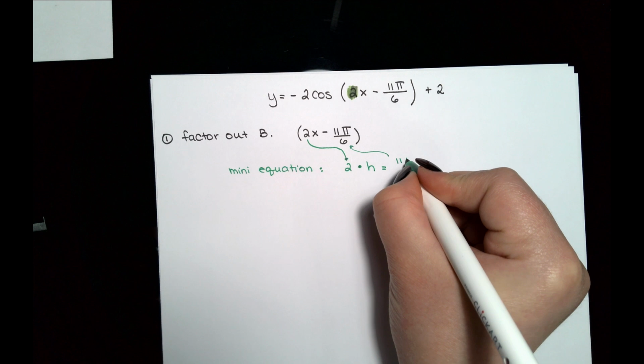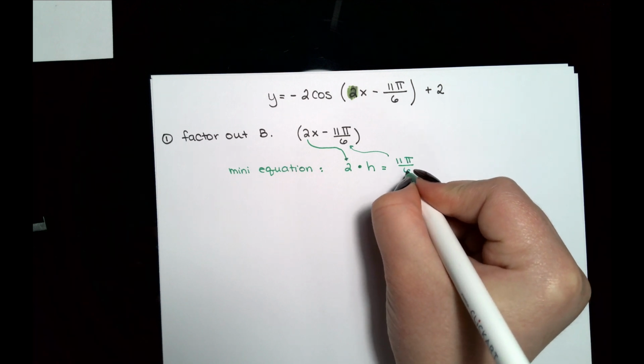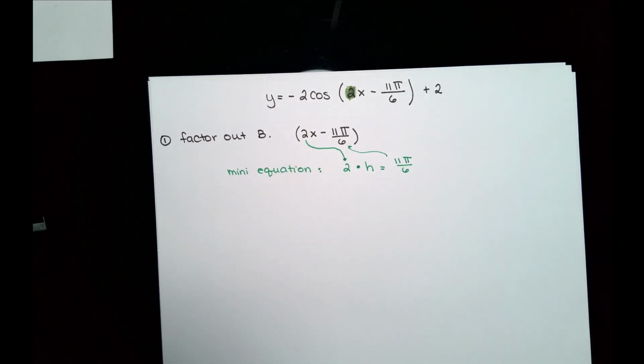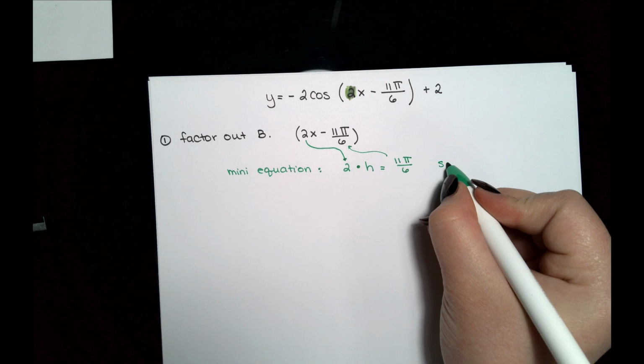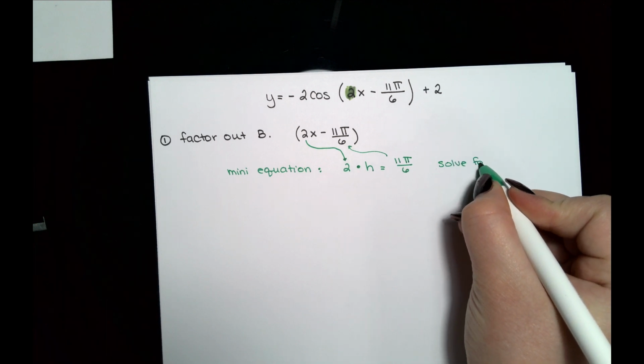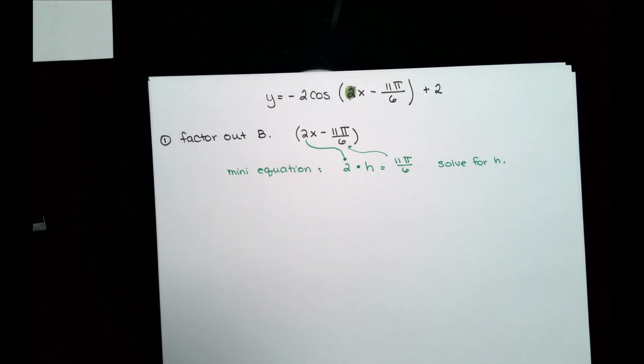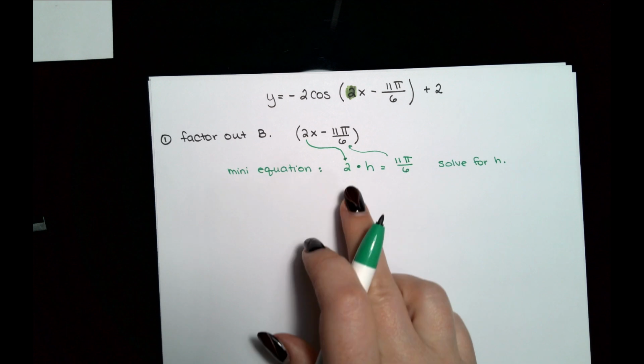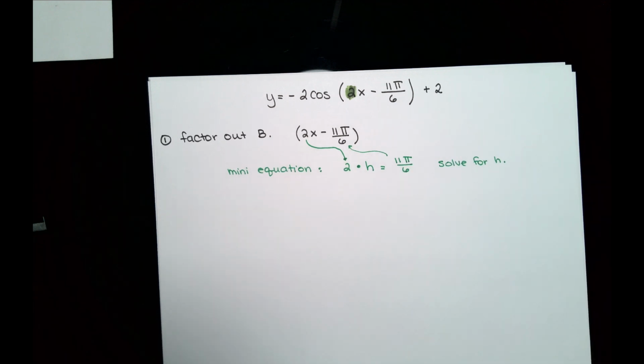And then you continue to solve for h. But unless you know to multiply by the reciprocal here to solve, or use a calculator, that might be a little bit more challenging.